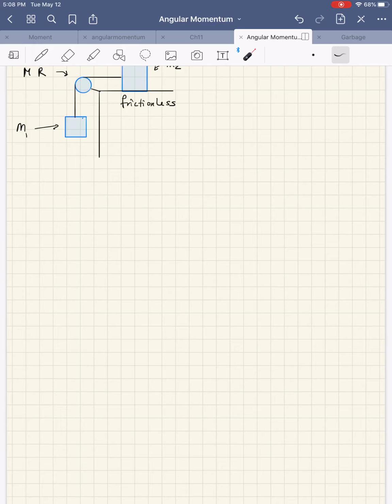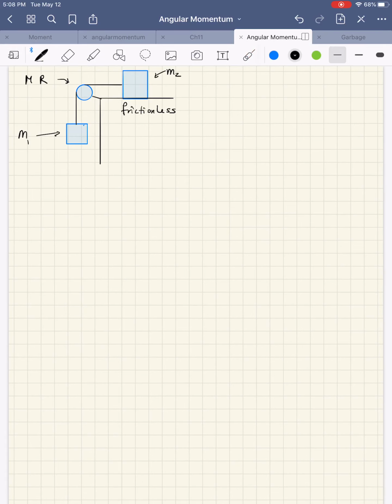But the next part of the string, it's attached to it, and everything is moving: M1 down, M2 to the left, and M is rotating in the counterclockwise direction.